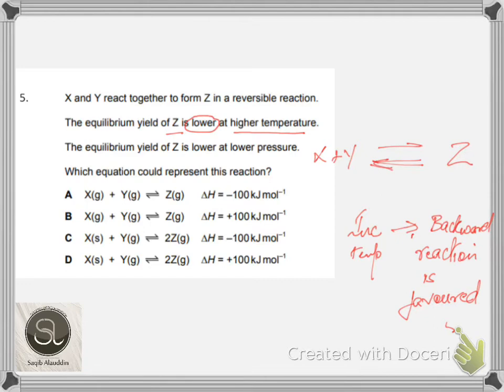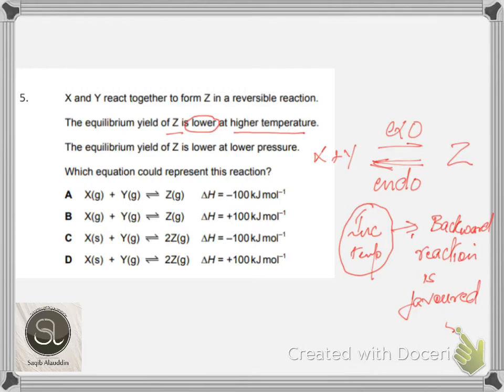Now, when you increase the temperature, you always expect the endothermic reaction to be favored. So the backward reaction is endothermic, which in other words means the forward reaction is exothermic.